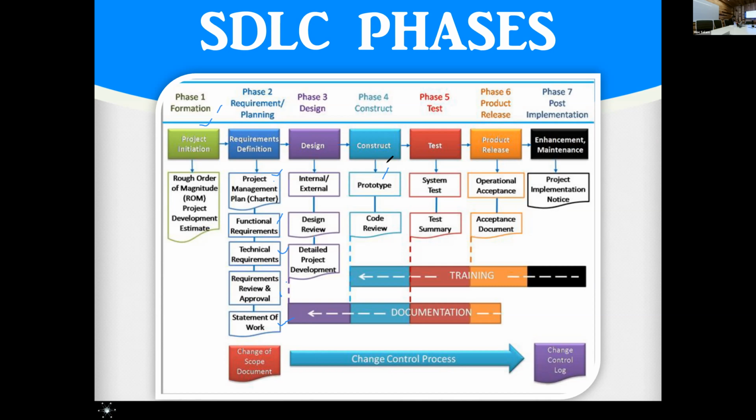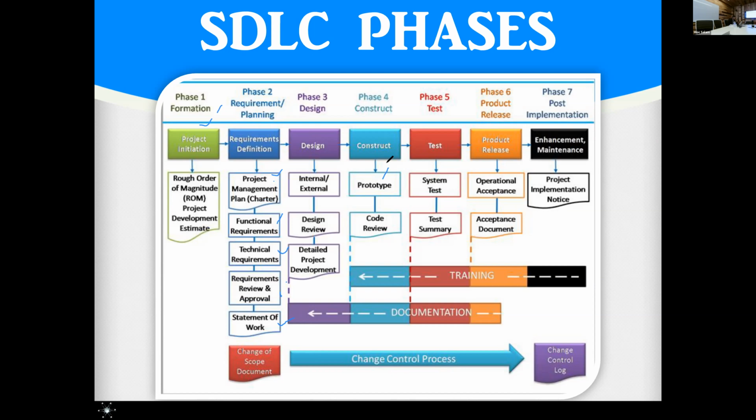UML stands for Unified Modeling Language. So they do different charts, and this is one type of UML. This is explaining the different phases, how this SDLC would work, right?